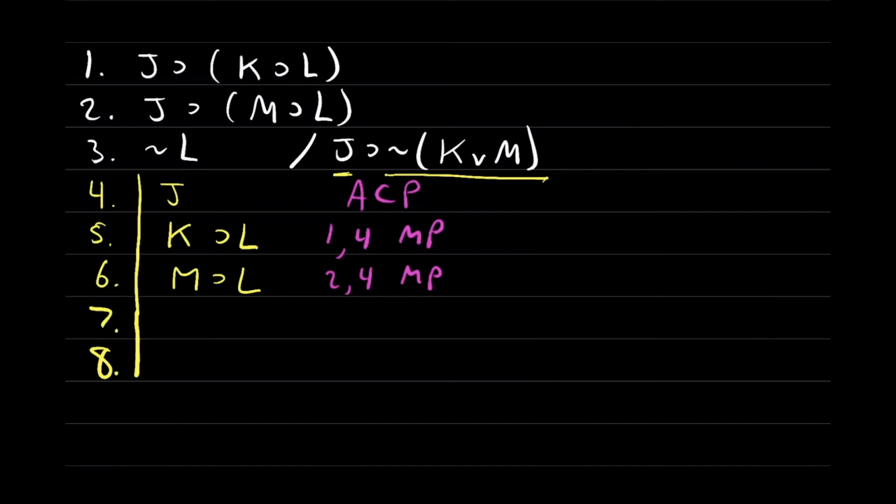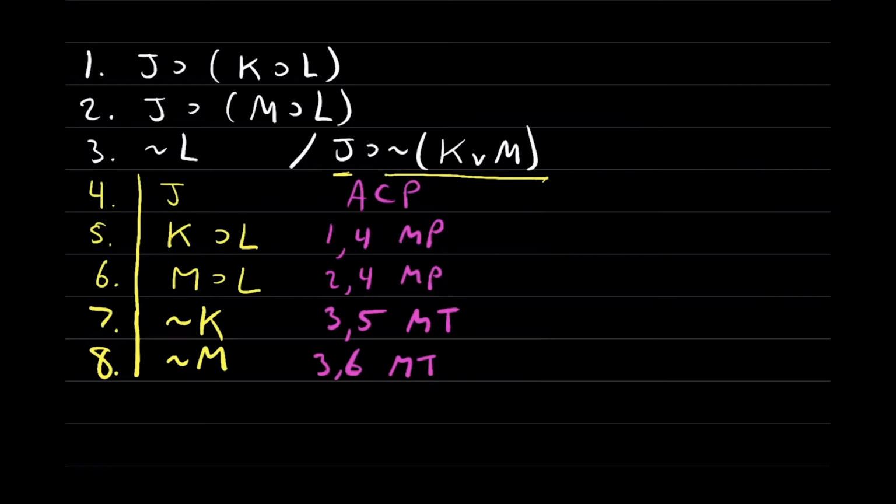I see that I could do modus tollens with line 3 and 5, and that will give me not K. So that's going to follow from line 3 and line 5 by modus tollens. And I'm going to do the same thing with line 3 and 6, and that will give me not M. Line 3 and 6 by modus tollens.